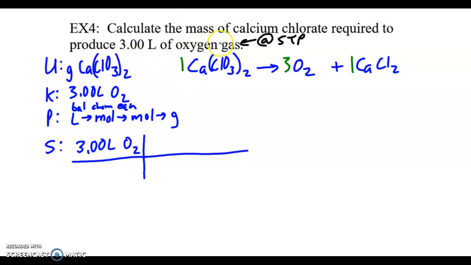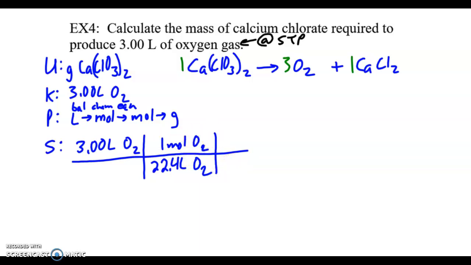There's no way you could solve this problem if it wasn't at standard temperature and pressure, or you didn't know what the pressure and the temperature were. So there you go. So we're going to use that, and so 22.4 liters of oxygen equals 1 mole of oxygen.